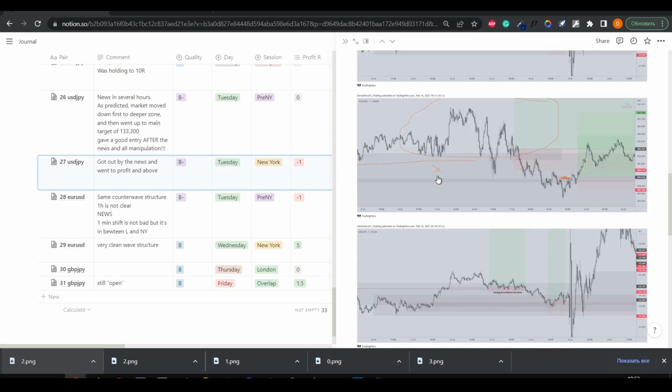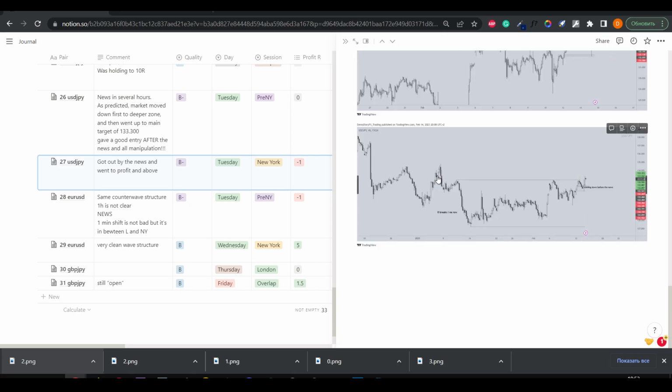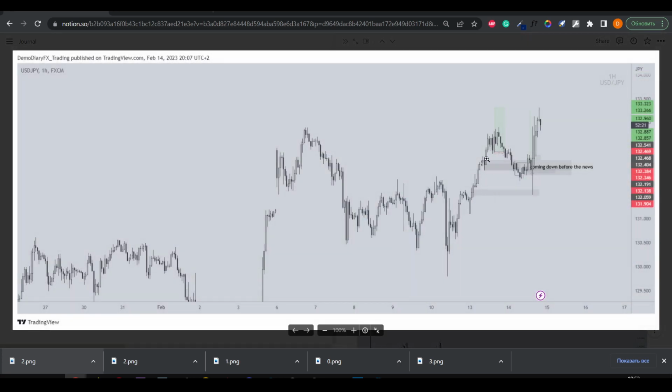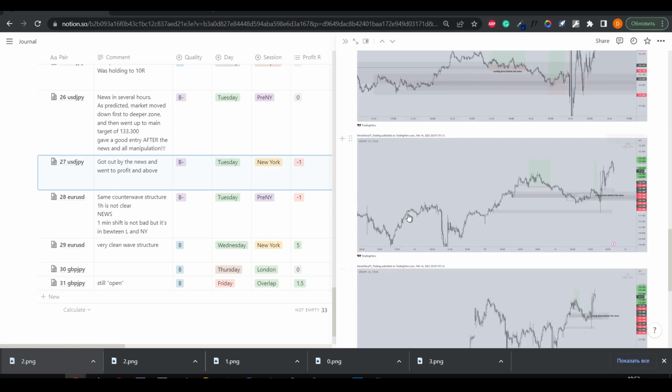And for UJ I was hoping to take, so we had this range, I already discussed it during the previous week. We had like 9 breaks to the downside or something like that. So I was just looking for the upwards movement, and this is what happened. We had a 1 hour zone, or like a 30 minutes zone, 1 hour zone, and I took an entry, it went to profit, and news took me out, and then it went to take profits.